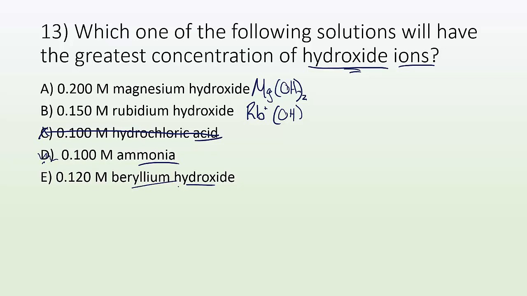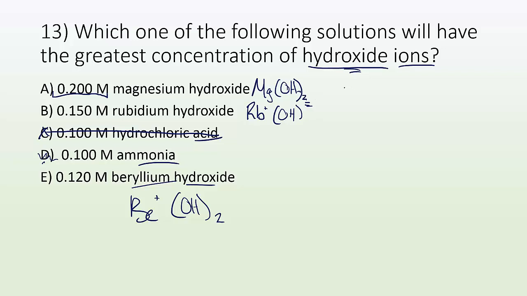And then beryllium hydroxide. I know that Be is a plus 2, which means it's going to be Be(OH)2. So now let's do the math. If I want to know the concentration of hydroxide ion, I have to take the concentration of the base and multiply it by how many hydroxide ions there are in one formula of that base.